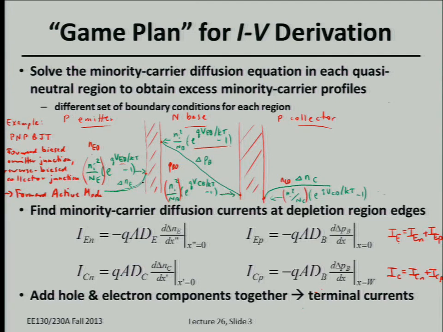So that diffusion current due to electrons in the emitter, which one of these four current components with these equations here is that? It's just one. Is that current on the left in the emitter IEN or IEP? IEN, right? Let's label that.